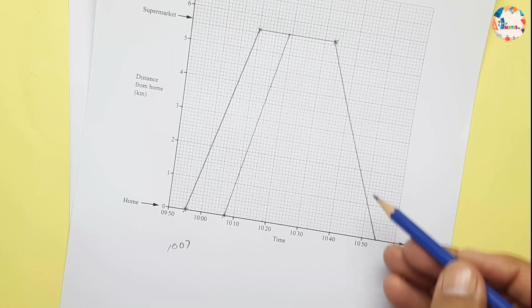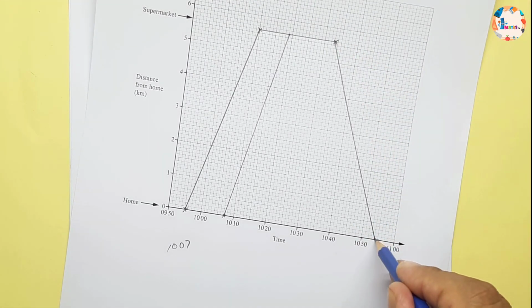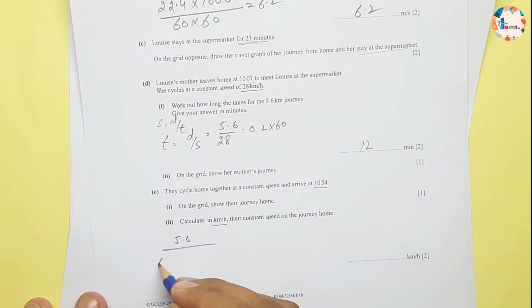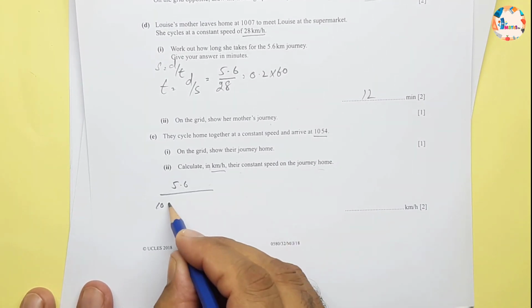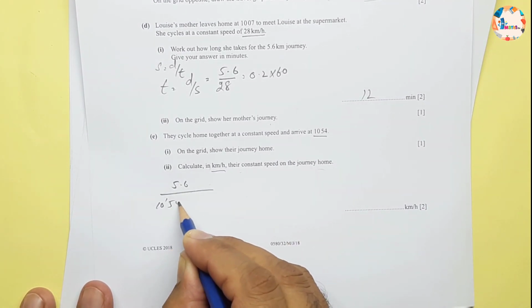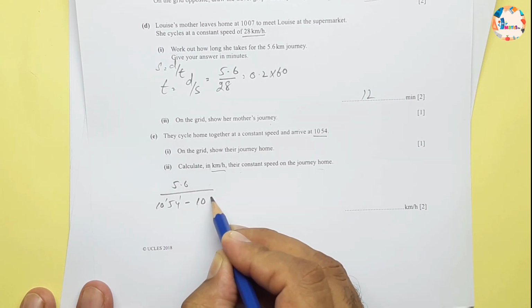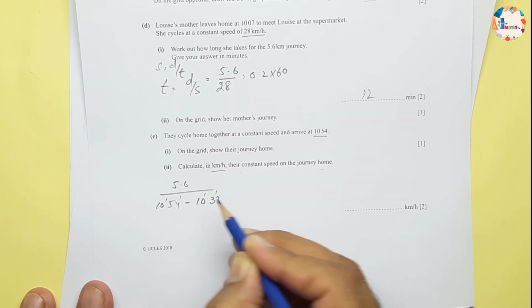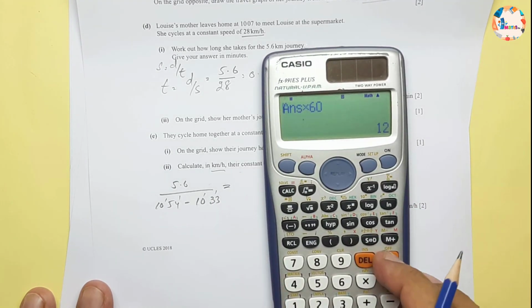from 10:33 they started at 10:33 and reached at 10:54. So we will write down time 10 hours 54 minutes minus 10 hours and 33 minutes. This one we will be calculating with the help of calculator.